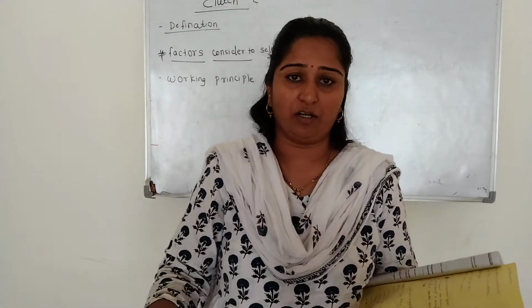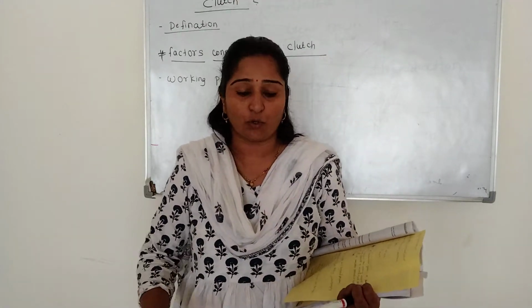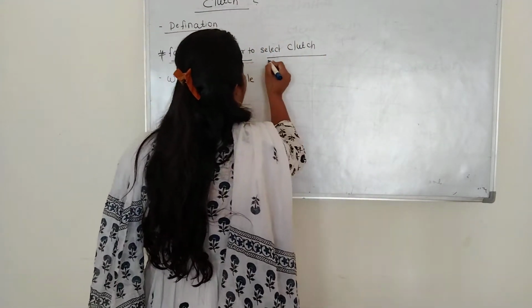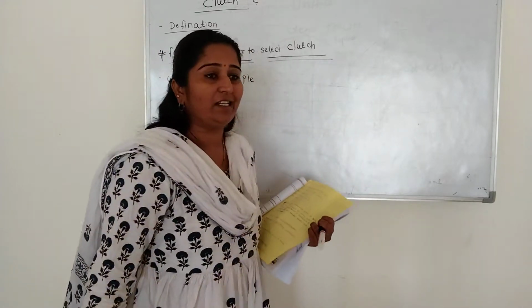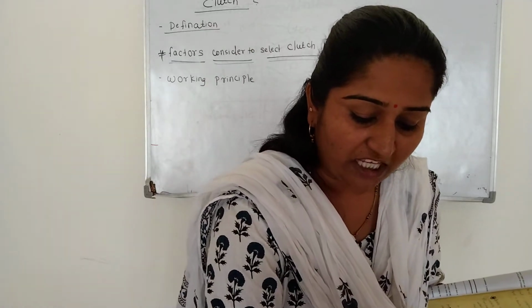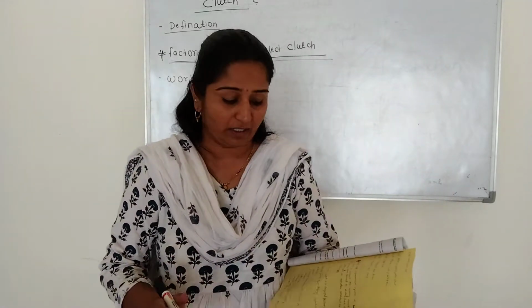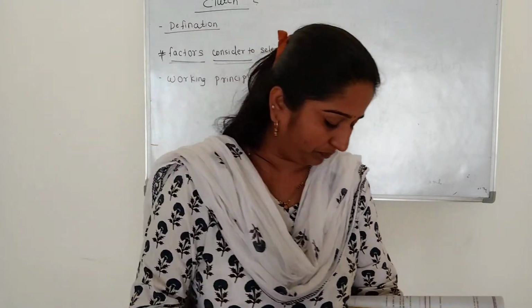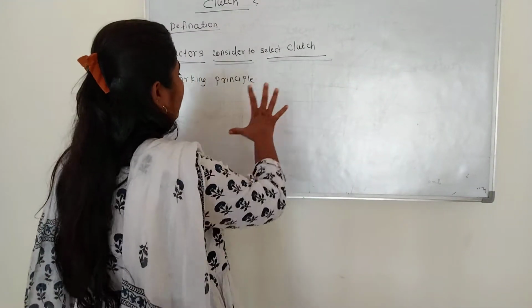So it has a very vital role in the automobile, and this should be considered while selecting the clutch. It should transmit the maximum power, and it should have a compact design.